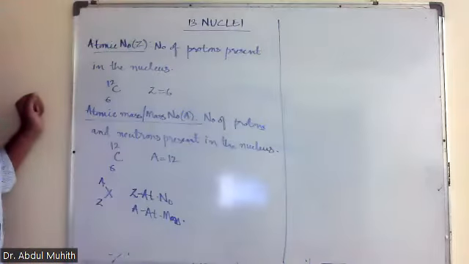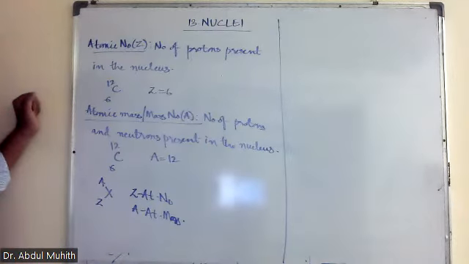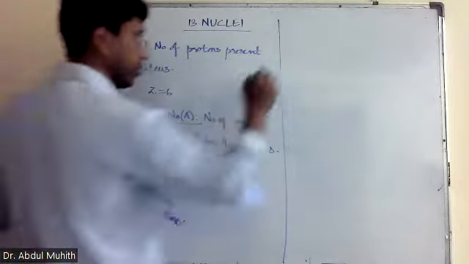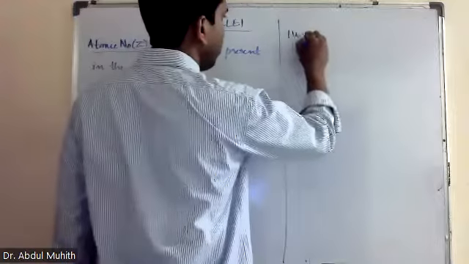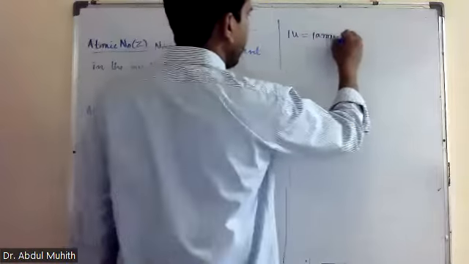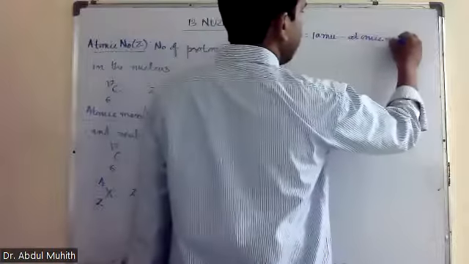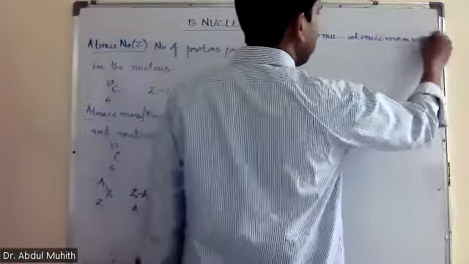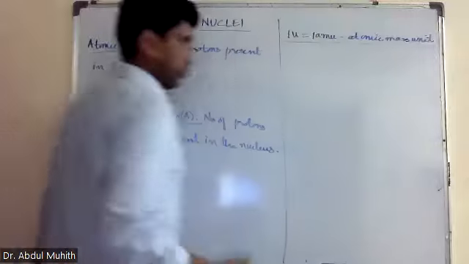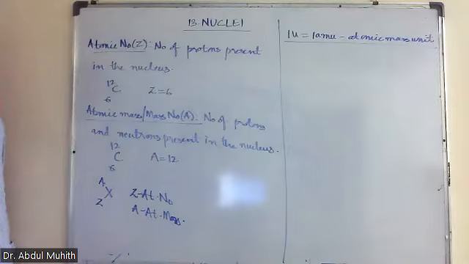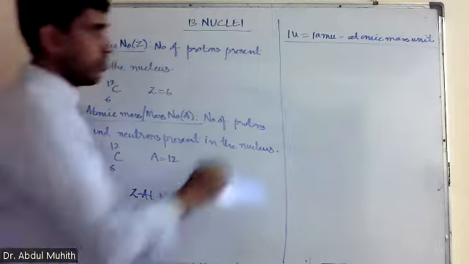Now we have AMU, 1 atomic mass unit. It is defined as 1/12 the mass of C612. Okay, 1 U or 1 AMU, atomic mass unit.